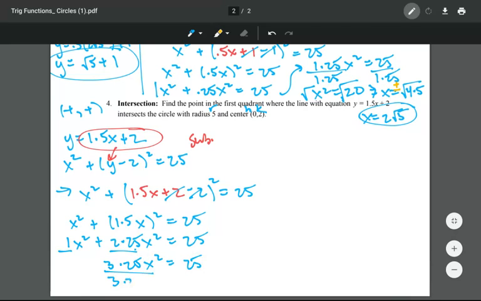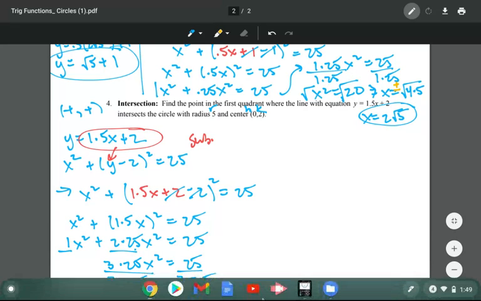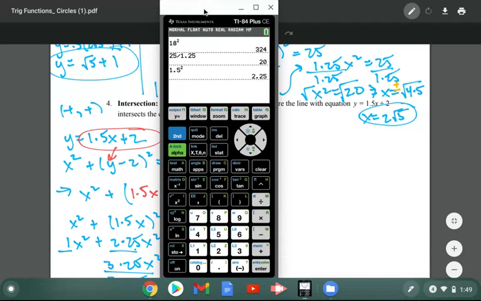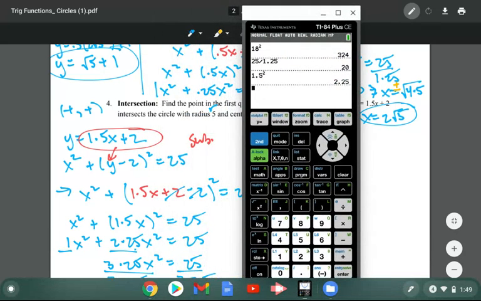Divide both sides by that 3.25. So again, I'll grab my calculator. And I want to do 25 divided by, that was a 3.25 on the bottom. And we get 7.692. We'll go ahead and call that 7.69.